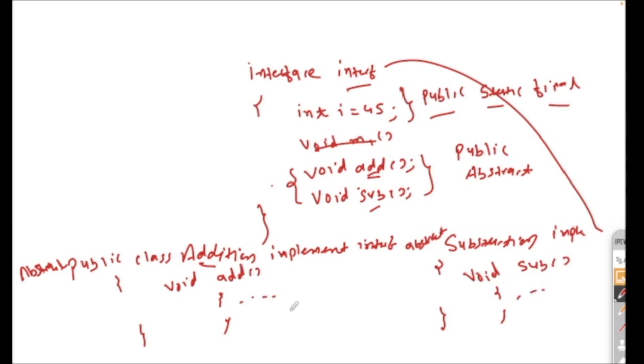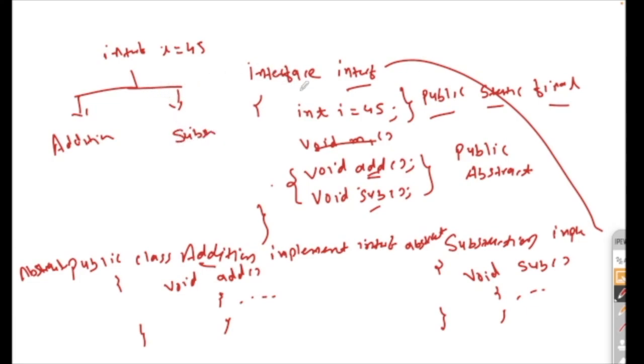Now if you see here, we have one interface. Inside this interface I have the value of I as 45. This interface is implemented by two classes, one class is Addition and another class is Subtraction, right?